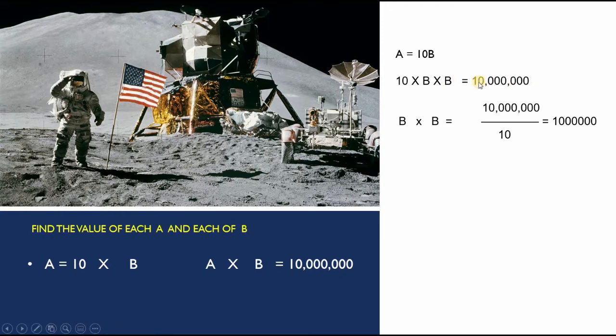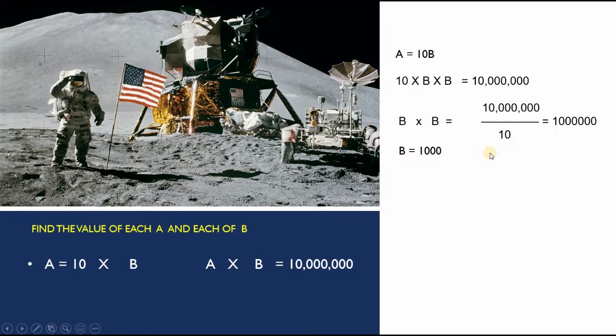We divide both sides by 10. B multiplied by B is equal to 10 million divided by 10, so B multiplied by B is equal to 1 million.